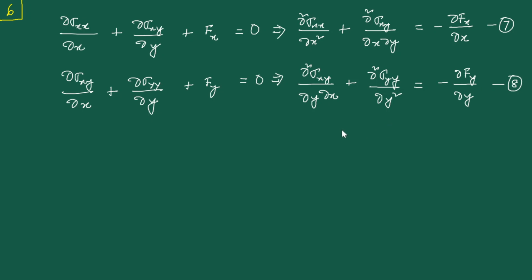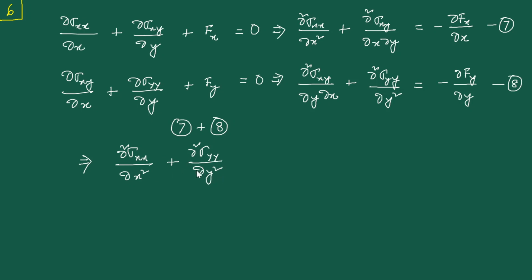Now, as you can almost guess, even before I write anything more, I'm going to add up equation number 7 and 8. If I do that, what I obtain is del square sigma xx del x square plus del square sigma yy del y square.